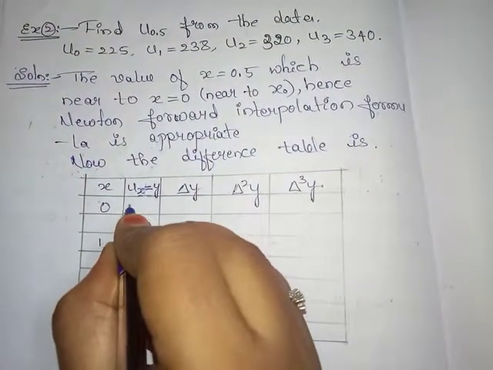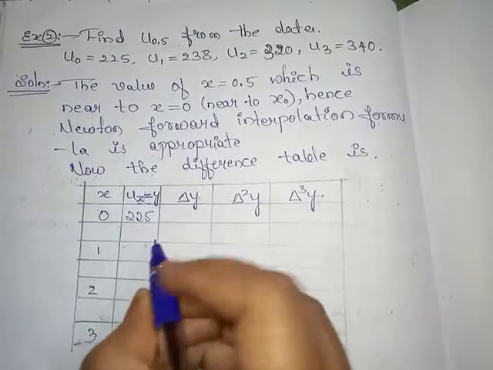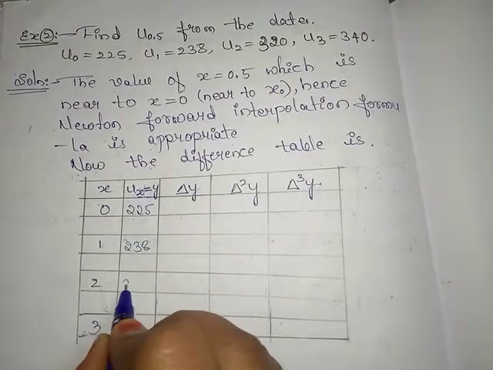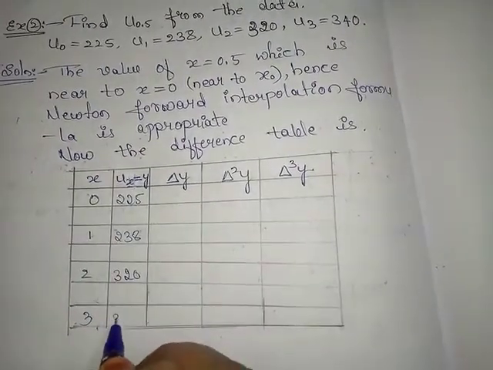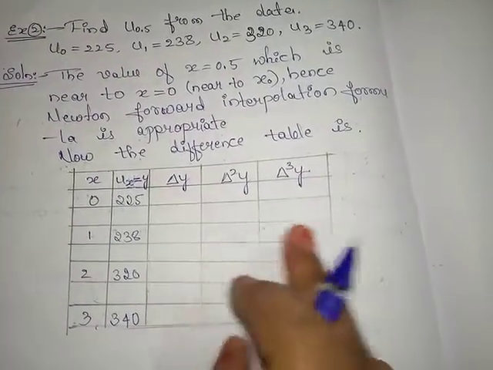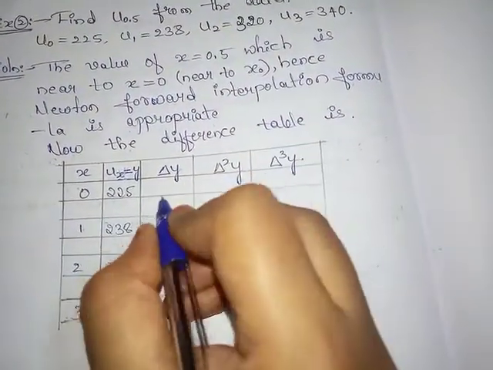Those values are 225, 238, 320, 340. Now find the first difference, second difference and third difference terms.